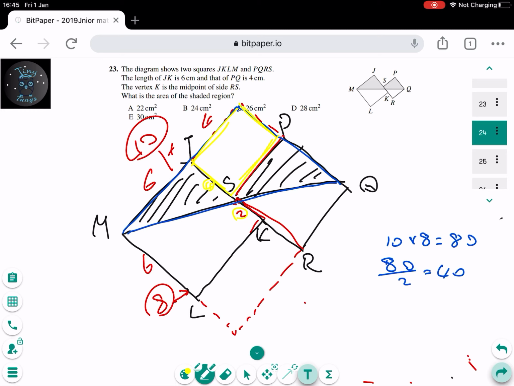So this side is 4, and this side is also 4. So that is actually a square, so it's 16. So 40 minus 16 equals 24 centimetres squared. So the answer is B for question 23.